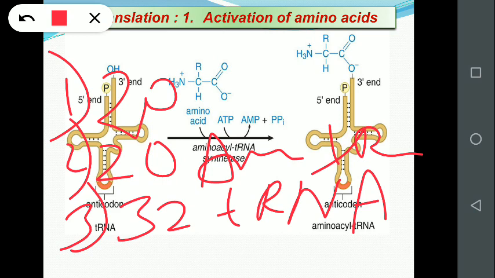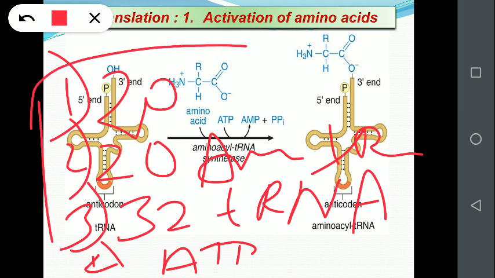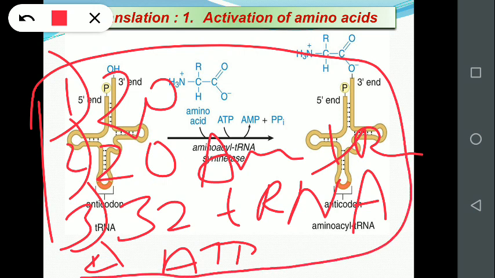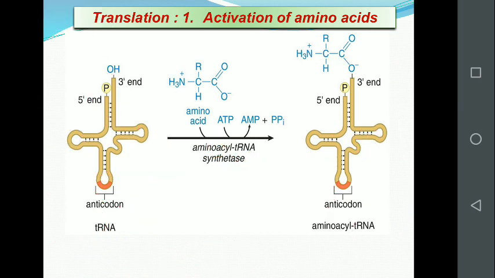Okay, minimum is 32. And fourth is ATP, the energy that must be provided for the esterification reaction. So these four are essential requirements during the activation of amino acids to their specific tRNA molecules.